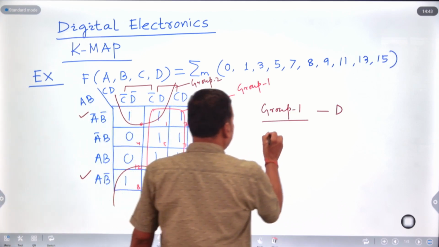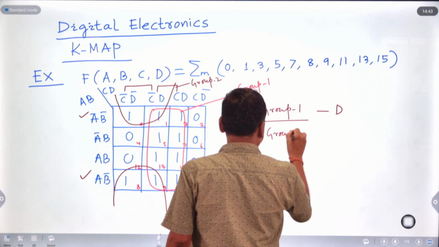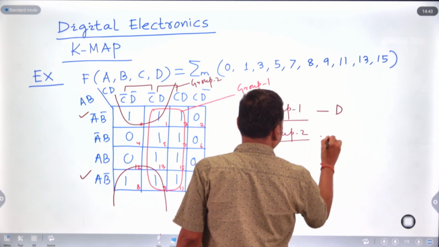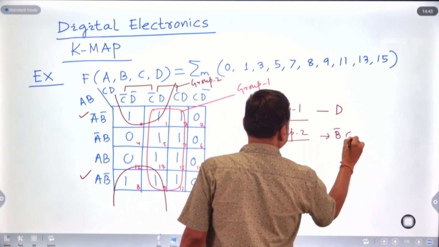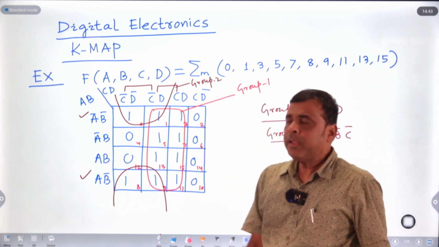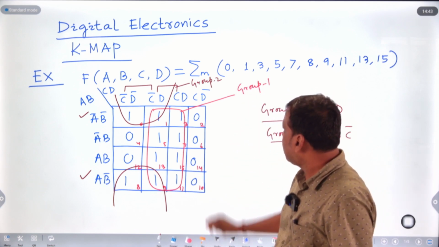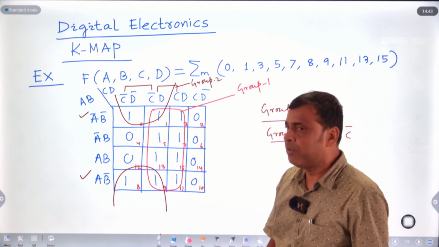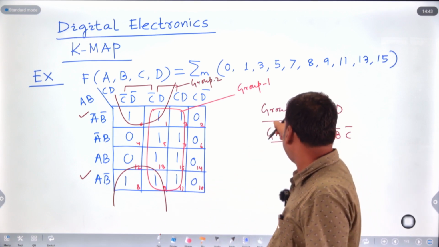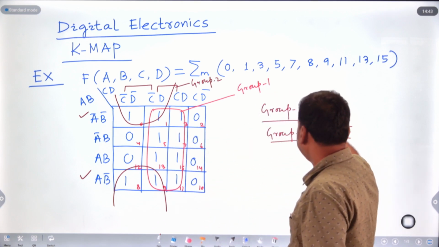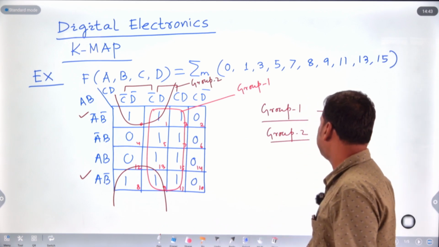In group 2, the result is B bar, C bar. So minimizing this logic expression using K-map, one group gives you D, another group gives you B bar, C bar.